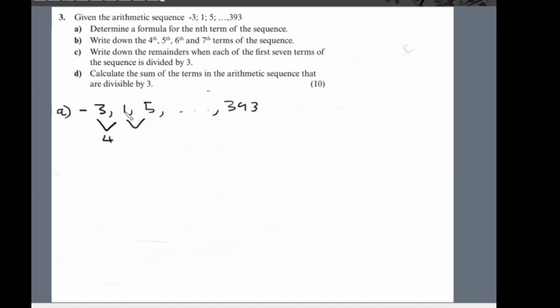When you move from 1 to 5, you added 4. Therefore the common difference is 4. The first term is minus 3.